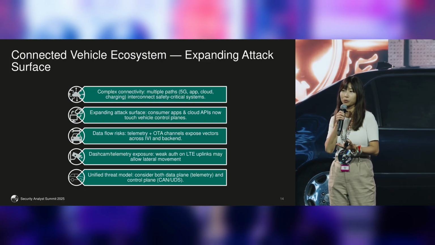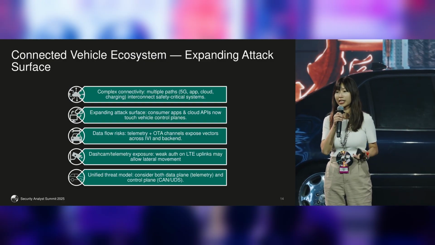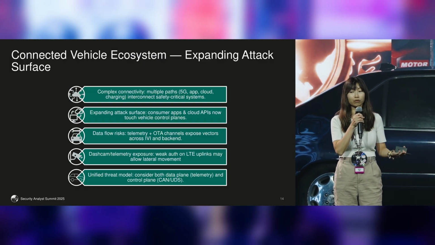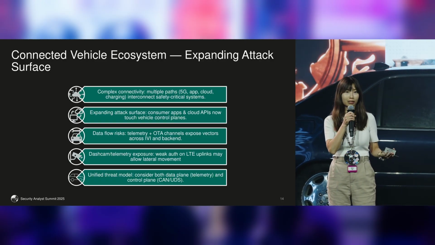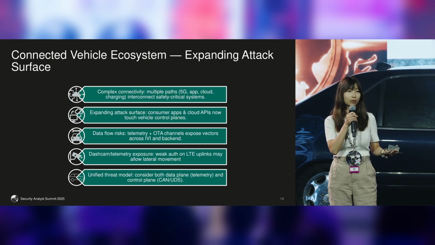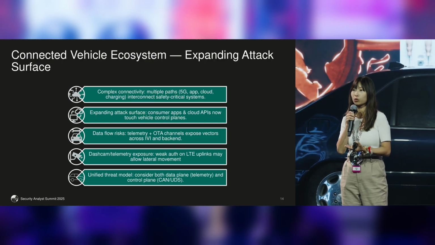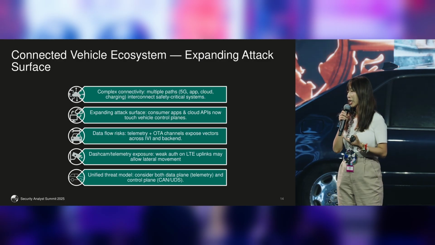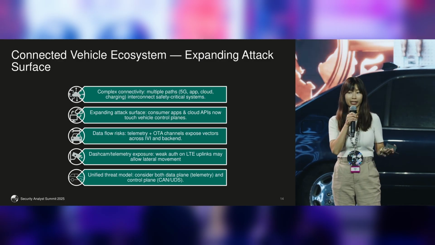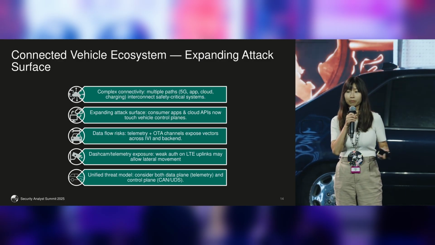As vehicles become increasingly connected, the attack surface expands across several fronts. Firstly, 5G, mobile apps and cloud services now intertwine with safety critical systems and increase cross-flow risk. Secondly, consumer apps and cloud APIs can leak or expose access points if not hardened properly.